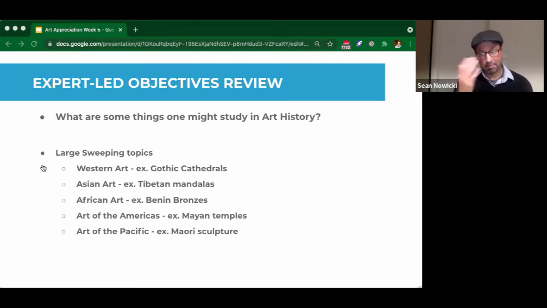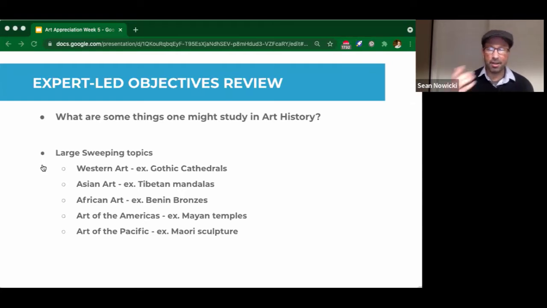And then, because we put things into big categories, African art, which isn't a monolithic thing. There are many different cultures in Africa, but again, it's just like Western art and Asian art in that it encompasses a grand scope. So, I forgot to say that in Asian art, an example is a Tibetan mandala, which is these circular paintings that are part of Buddhism. And they sometimes have monsters in them, and it's got a whole structure of different phases of the journey through life.